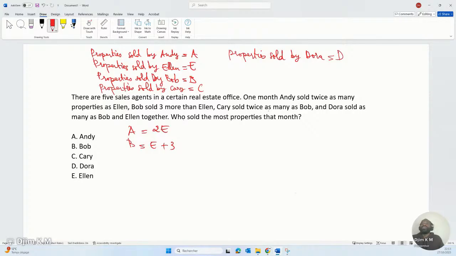Carrie sold twice as many as Bob. 2 times B. And Dora sold as many as Bob and Ellen. So D equal B plus E. Who sold the most properties?